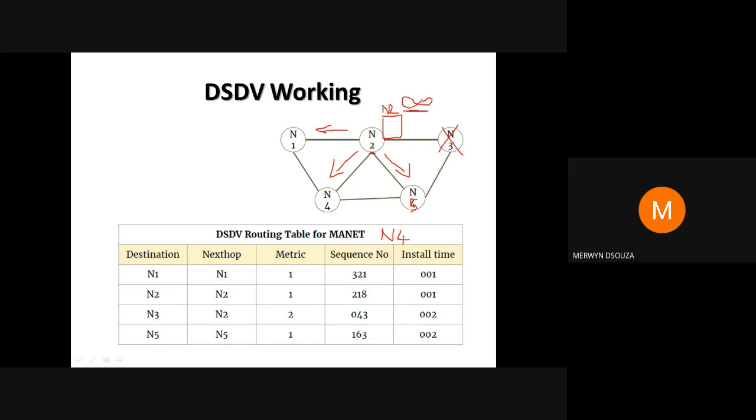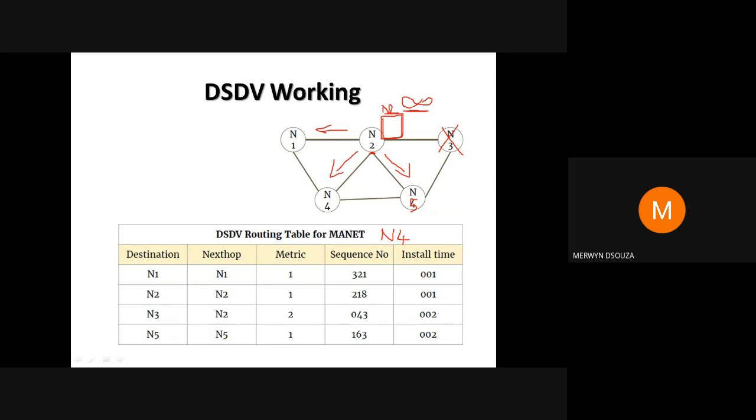Using one of these two types of routing packets, it will send its table entry by entry to its neighbors. So the same entry that it made here will reach N1, N4 and N5. Then each of these neighbors will update their tables.